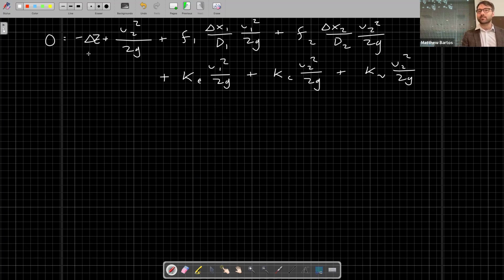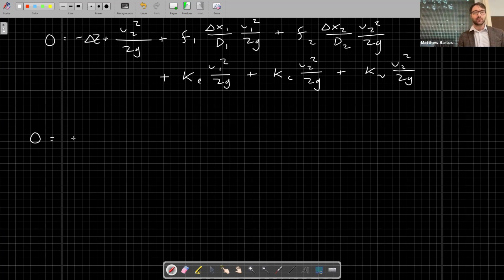So you'll notice that all of the terms here in these losses depend on either U1 squared over 2G or U2 squared over 2G. So we can simplify just by grouping together our terms based on whether they're multiplied by U1 squared over 2G or U2 squared over 2G. So I'm going to do that.